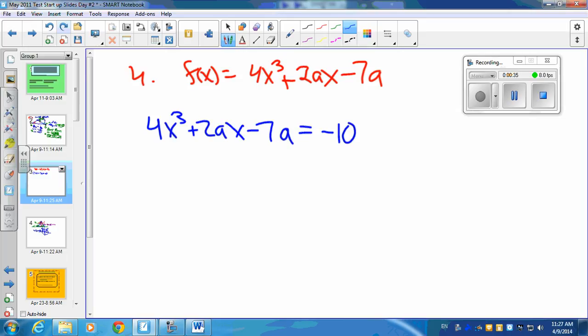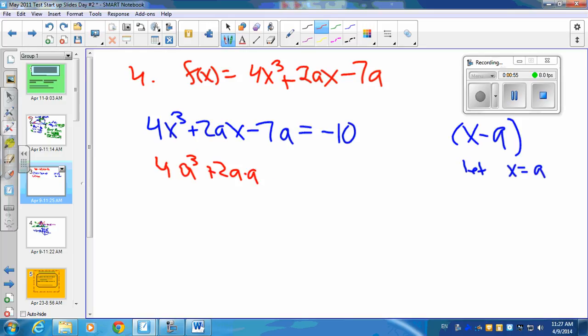In this case, if you have x minus a, what's the value you put in for x? We're going to let the value that makes this 0, x equal to a, right? So put an a in for x. You're going to get 4 times a cubed plus 2a times a minus 7a, plus 10 equals 0.